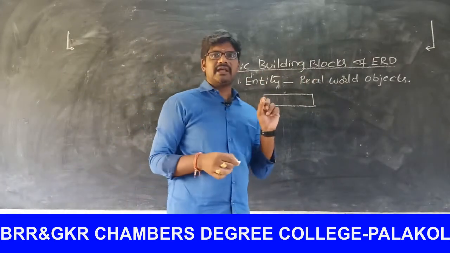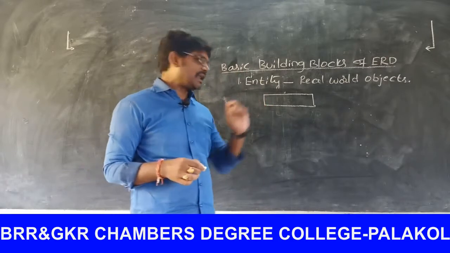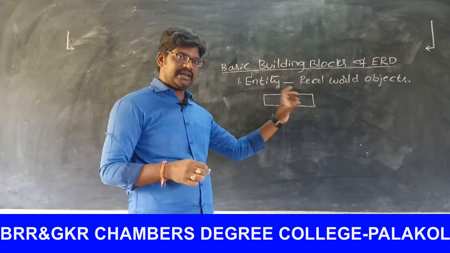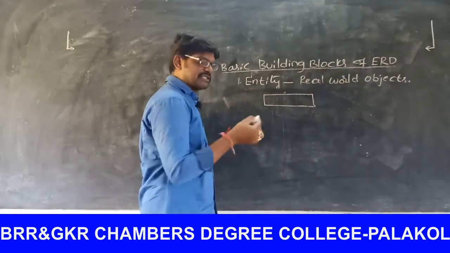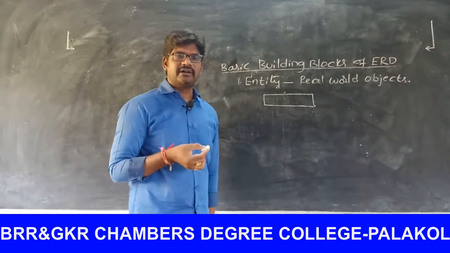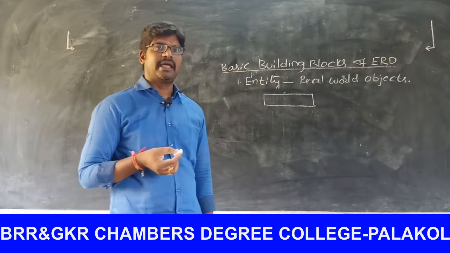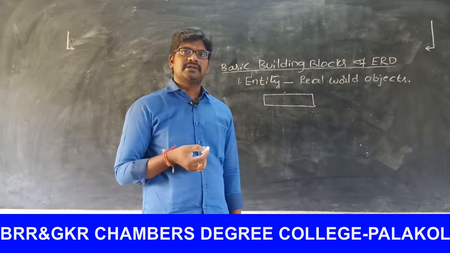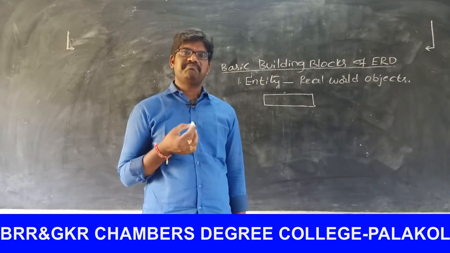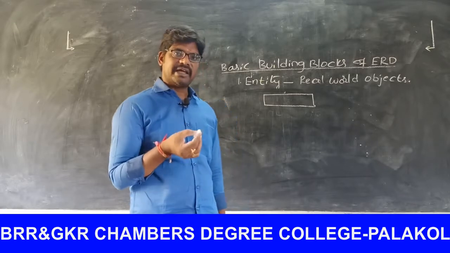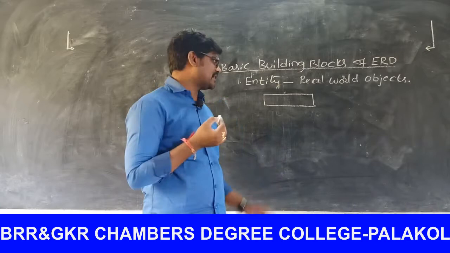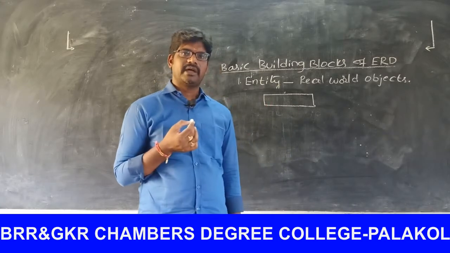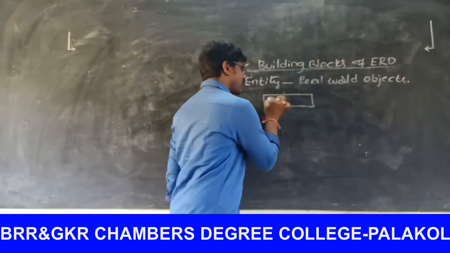So every entity has a name. The name is indicated inside the rectangle. So for example, person. Employee is a person. Student is a person. Patient is a person. That's why employee, student and patient, all these are entities.